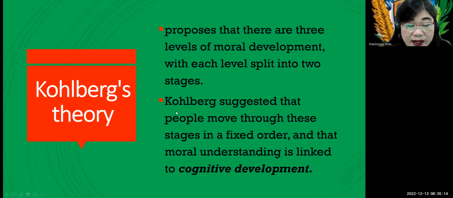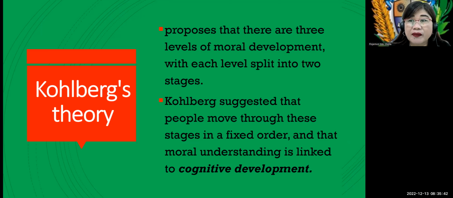So what is this Kohlberg's theory about? What is the theory of Kohlberg about the stages of moral development? This theory is confronted by situations where they need to make moral decisions. They exercise their own ability to use moral reasoning.